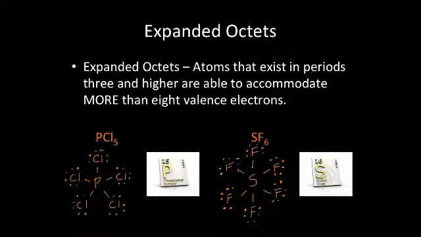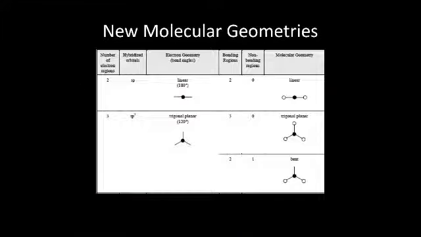Now these exceptions are going to introduce us to some new molecular geometries. We can look at some of the ones that we've seen so far. If we look at a linear arrangement, we've seen this linear arrangement with binary molecules.